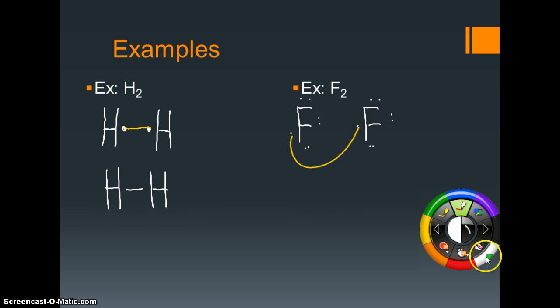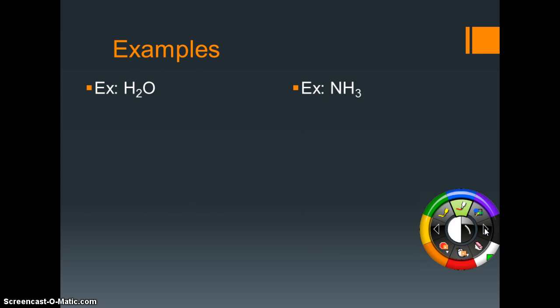And so we have one line going between each fluorine. And you're going to rotate these guys to the outside here, like that. So each of those are a single covalent bond.